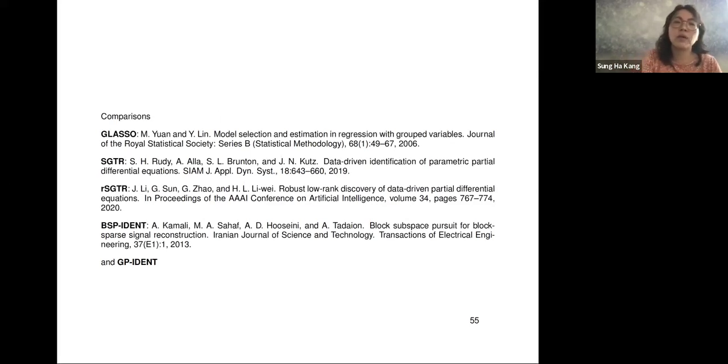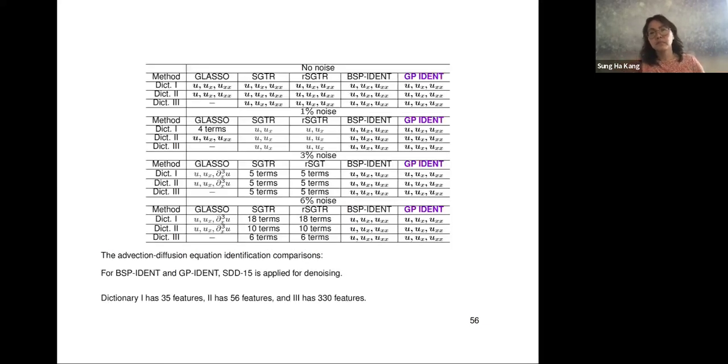We did compare with group lasso, as well as SINDy, one of the SINDy variants, as well as block SP. Some of these methods are not used for identifying differential equations, but we compared with them as a similar idea. I can show just one result, since the paper is already published and you can find more results there. Using the different methods, the true solution has 3 terms.